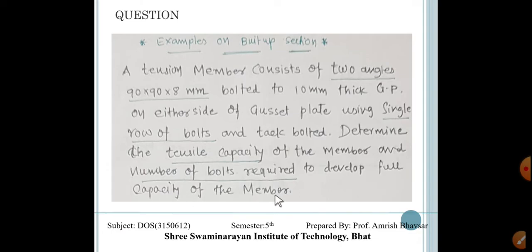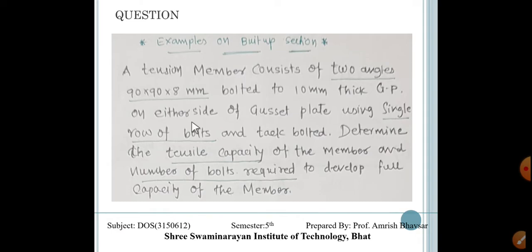Now here two things are new for us. First one is tack bolted. What does it mean? Whenever we make a built up section, it is connected on either side of the gusset plate, right? The thickness of the gusset plate is 10 mm. Now the member is connected over this end and over the next end.